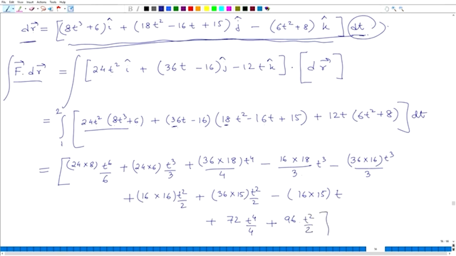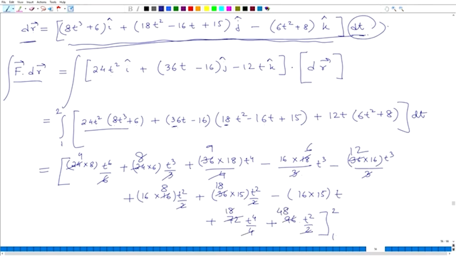And everything is then evaluated within 2 and 1, because these are the upper and lower bounds for t. You can do several cancellations, for example 6, 4, 3, 8, 4, 9, 3, 6, 3, 12, 2, 8, 2, 18, 4, 18.